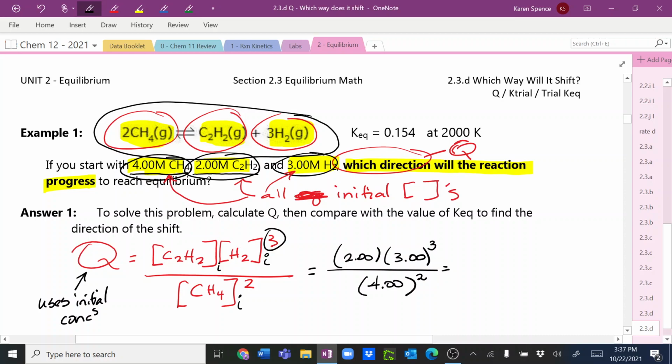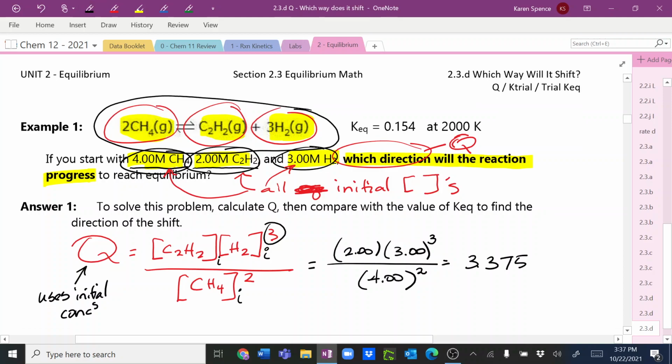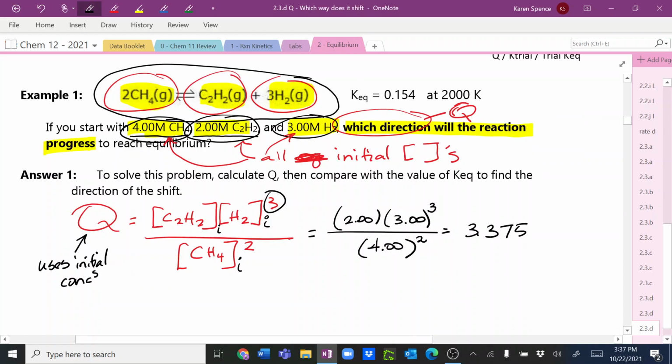And I'm going to plug those in my calculator. 2 times 3 cubed divided by 4 squared equals 3.375. So, number 1, find Q.